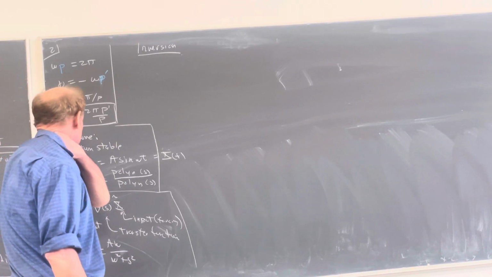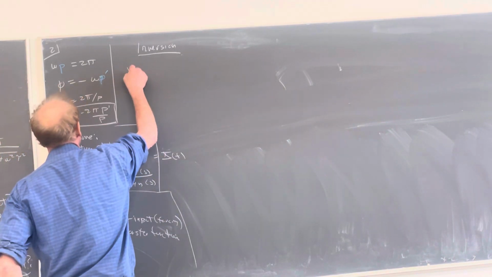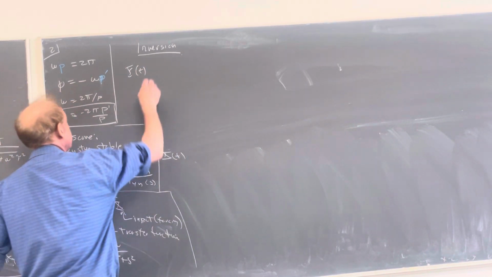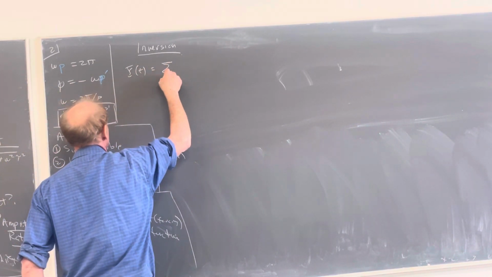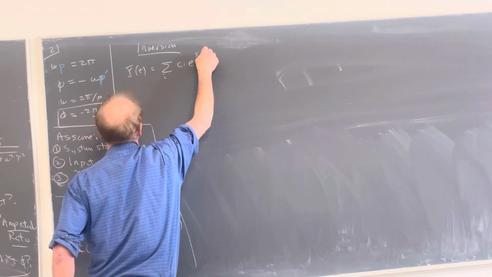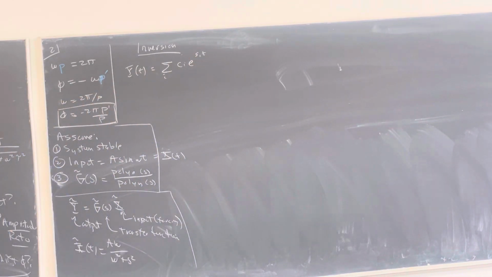So when I do the inversion, I have that y of t is going to be a bunch of terms. I'm going to get a sum of terms, c_i e to the s_i t. Those are for the simple poles.